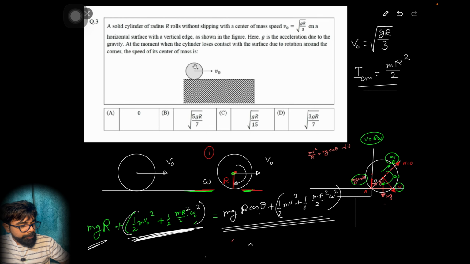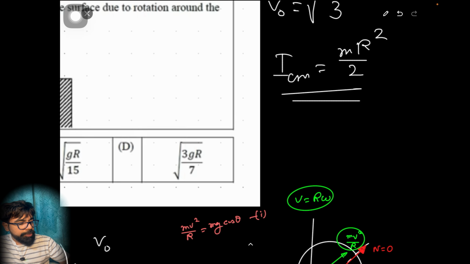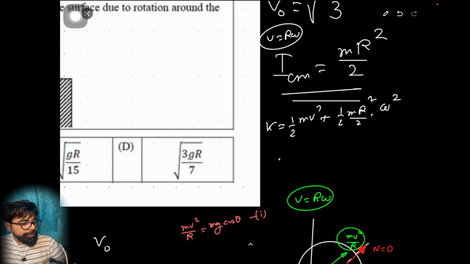Now because the moment of inertia is mr square by 2, if I solve this, kinetic energy is half mv square plus half mr square by 2 into omega square, but remember in case of rolling, v equals r omega. So simple calculation, 1 by 2 into 1 by 2 becomes 1 by 4, and this becomes mv square.